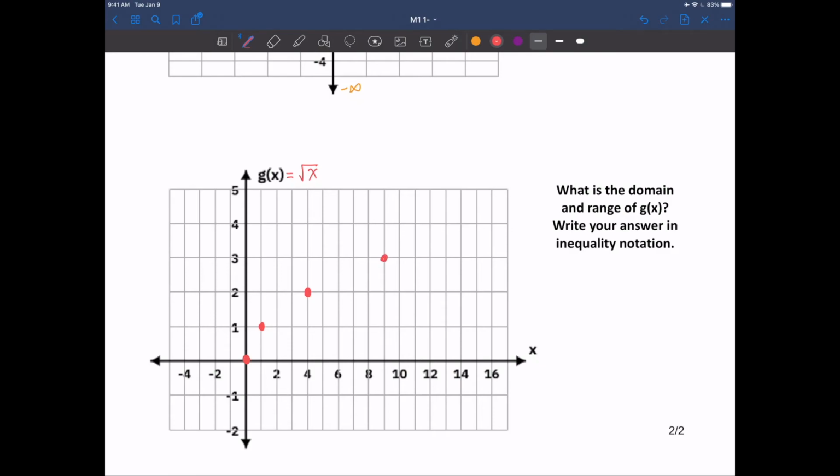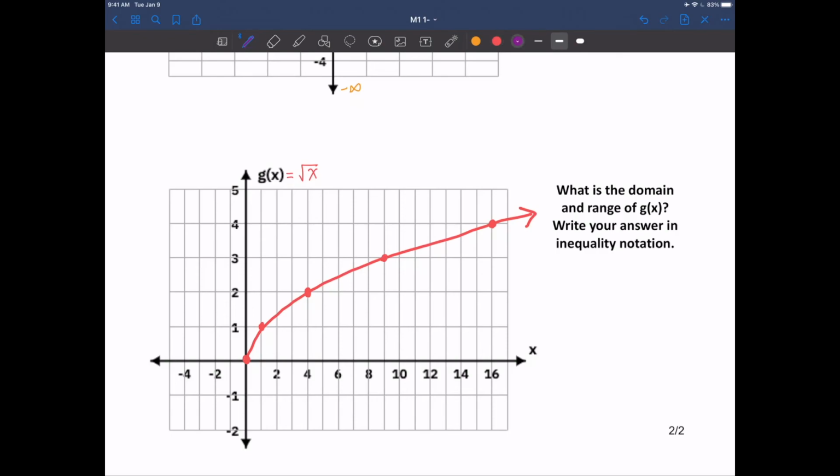And then we had 16, 4. Right? And as you continue to work on your table, you will realize that it will keep going forever and ever. So we're going to put an arrow there. This is what the square root function looks like. In particular, the square root of x. So it makes this shape.